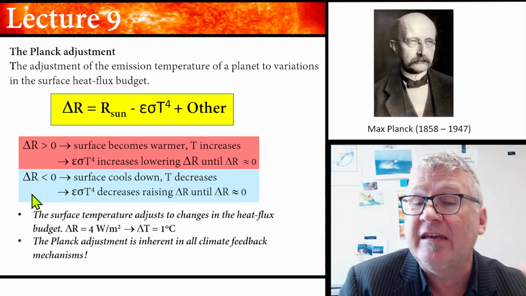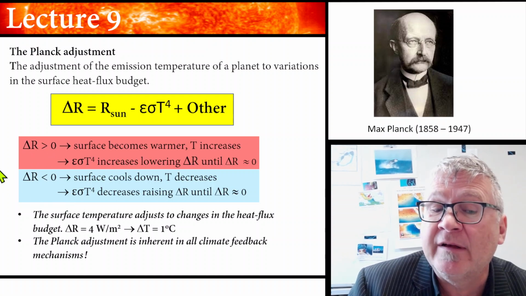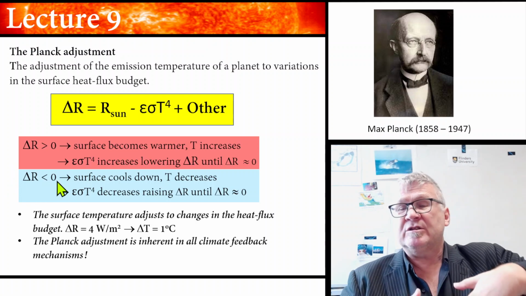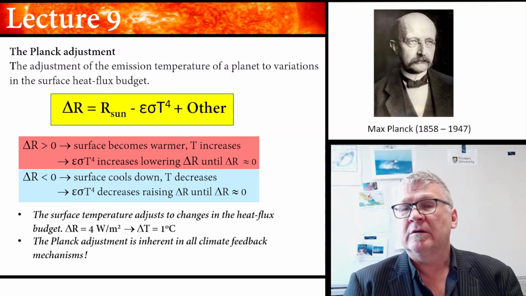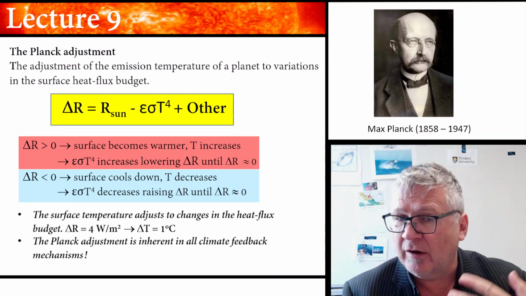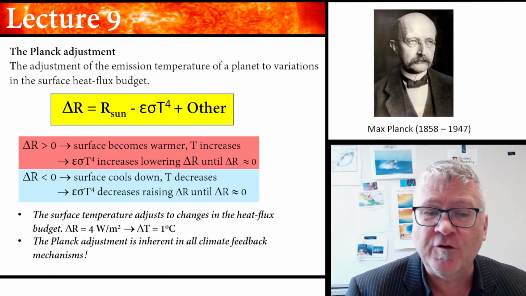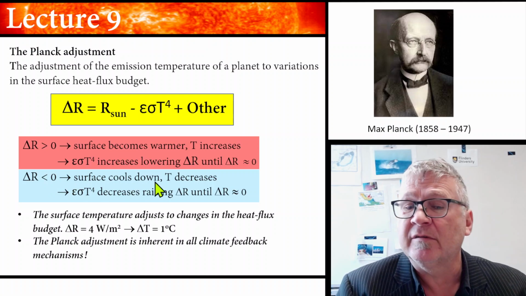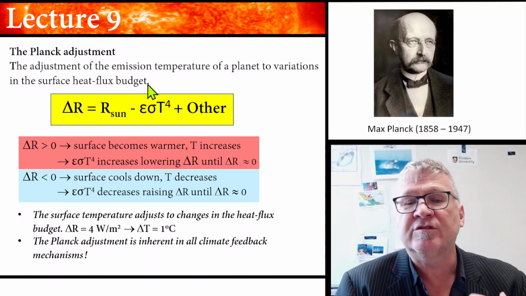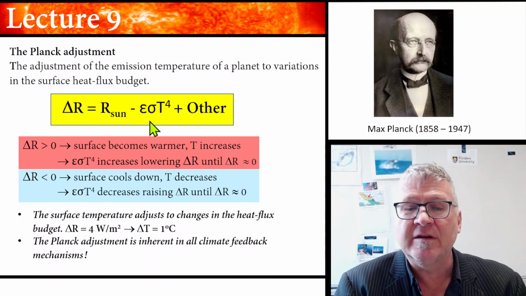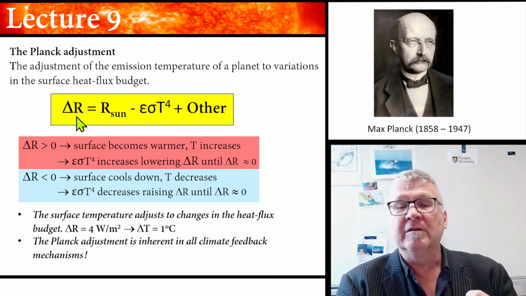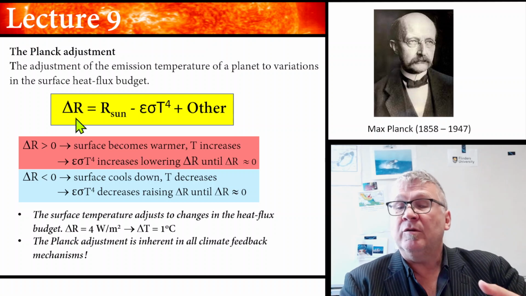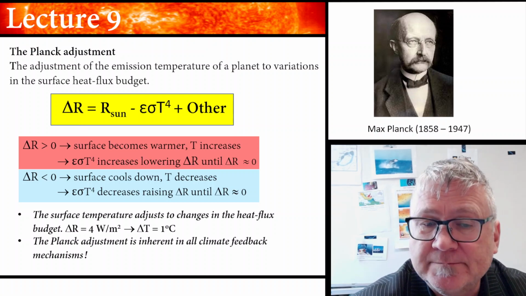Similarly, if you have a negative value of delta R, you have some process which leads to a decrease of the net radiative forcing, and that implies that the surface cools down, the temperature decreases, this term without the minus decreases, the total, the delta R increases until you go back to an equilibrium.